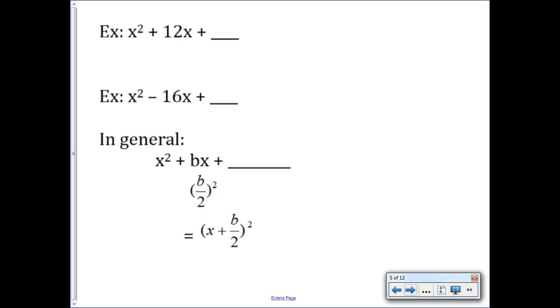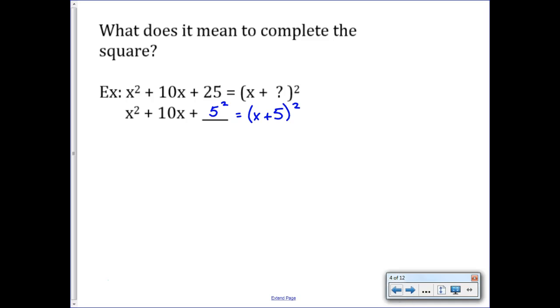So to do that, we have to do a little manipulating of the problem. If we have x squared plus 12x, what would be the perfect square that would go in there? Well, if you go back to the slide before, you'll notice that 5 is 1/2 of that b value term.